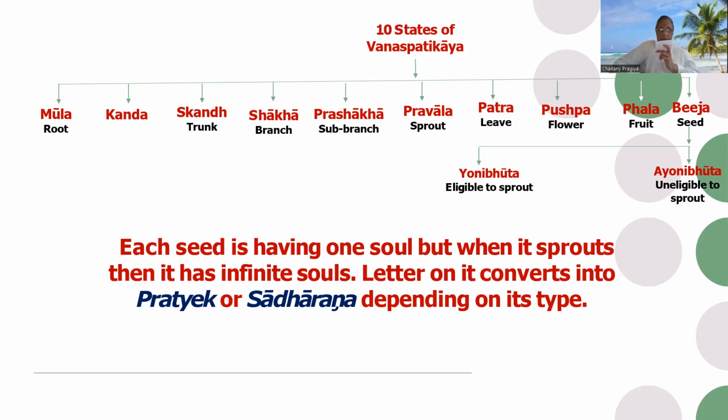So if we are sprouting any kind of grains, then we are killing an infinite number of lives. If it is not necessary for health purposes, then we should avoid it, and keep restraint in using sprouts.